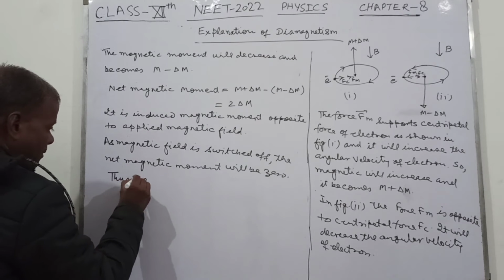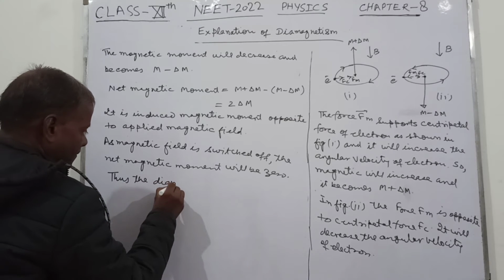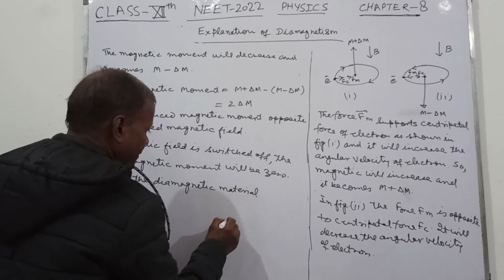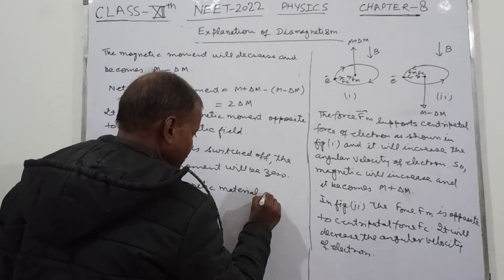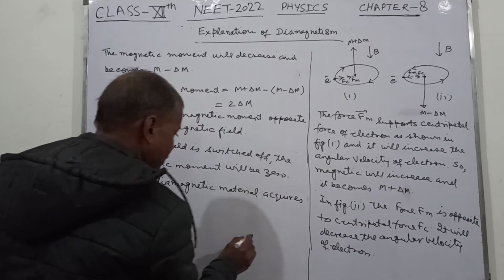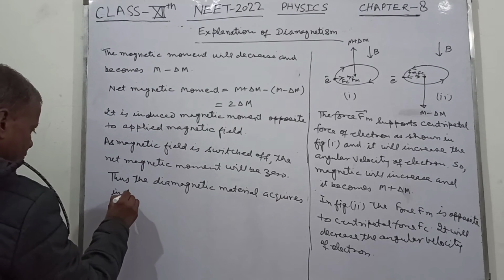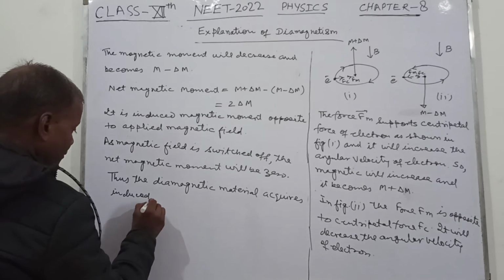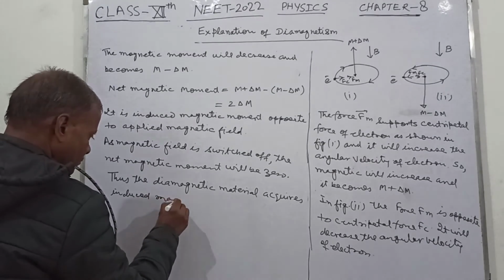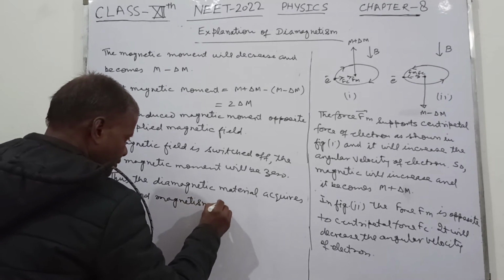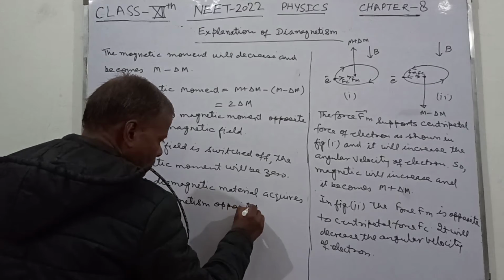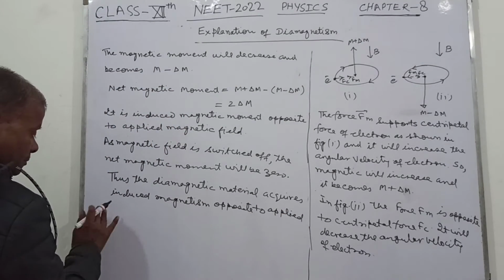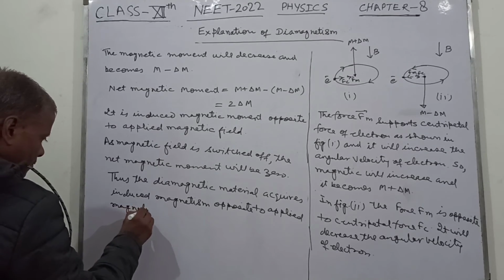Thus, the diamagnetic material acquires induced magnetism opposite to the applied magnetic field.